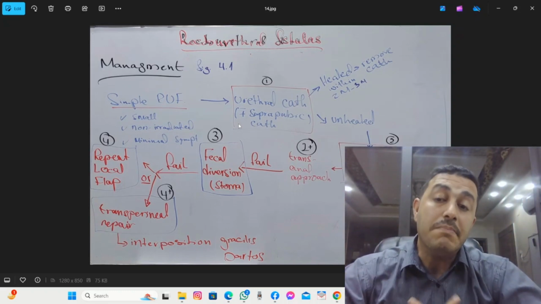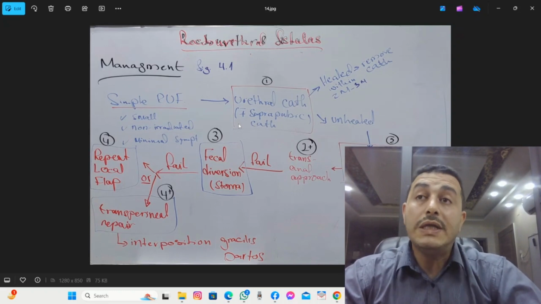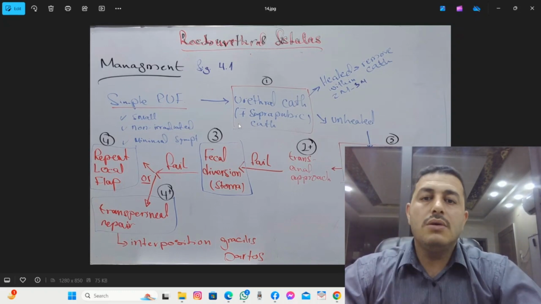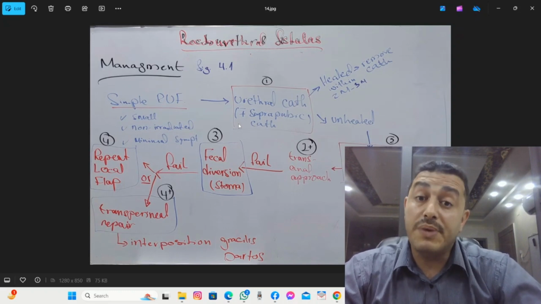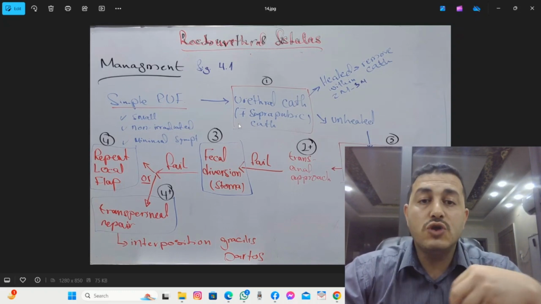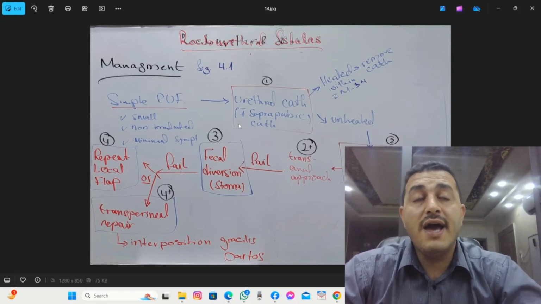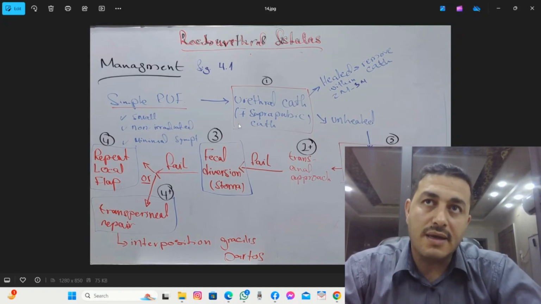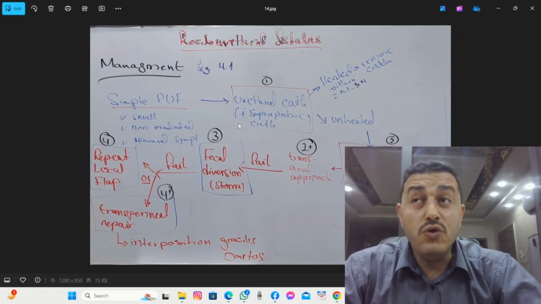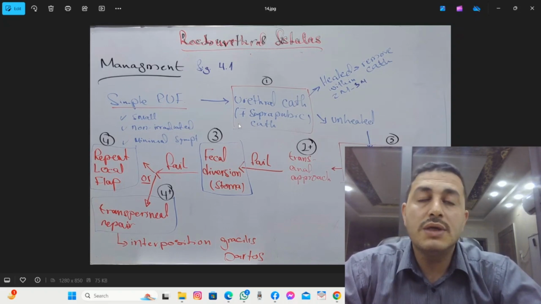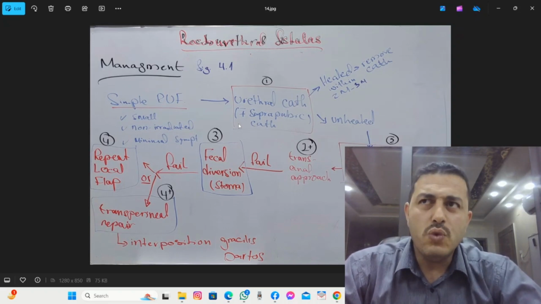In a case of simple fistula, we do urinary catheterization, Foley catheter or suprapubic catheter. We divert the urine and we watch. If healing occurs, we remove the Foley within 2 to 3 months. If no healing, we start to talk about our approach.